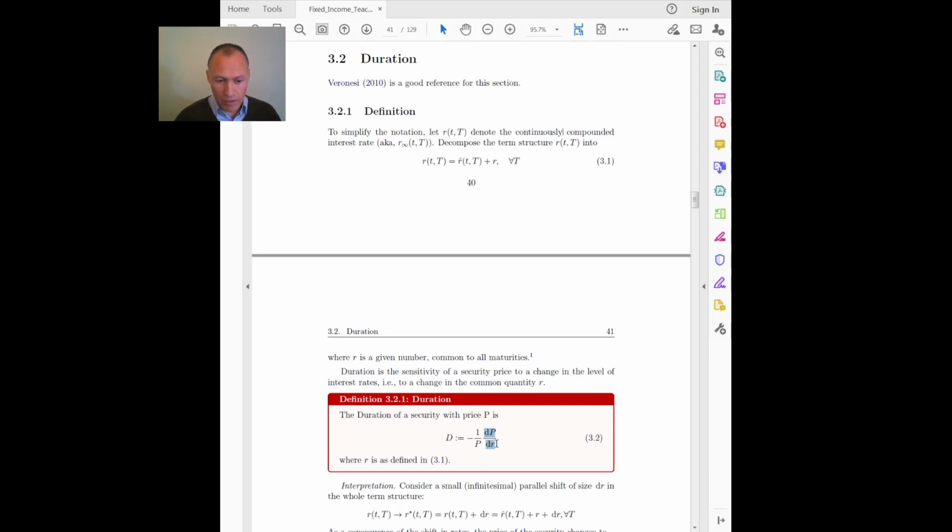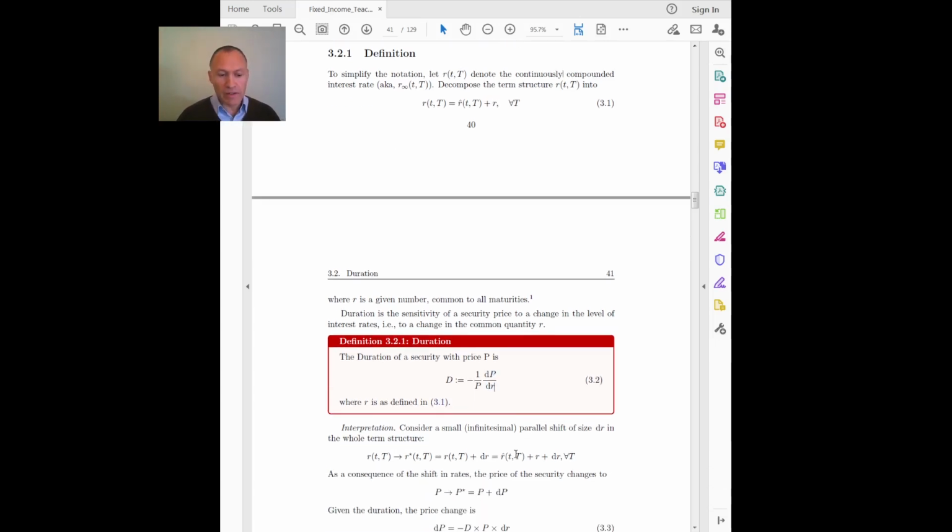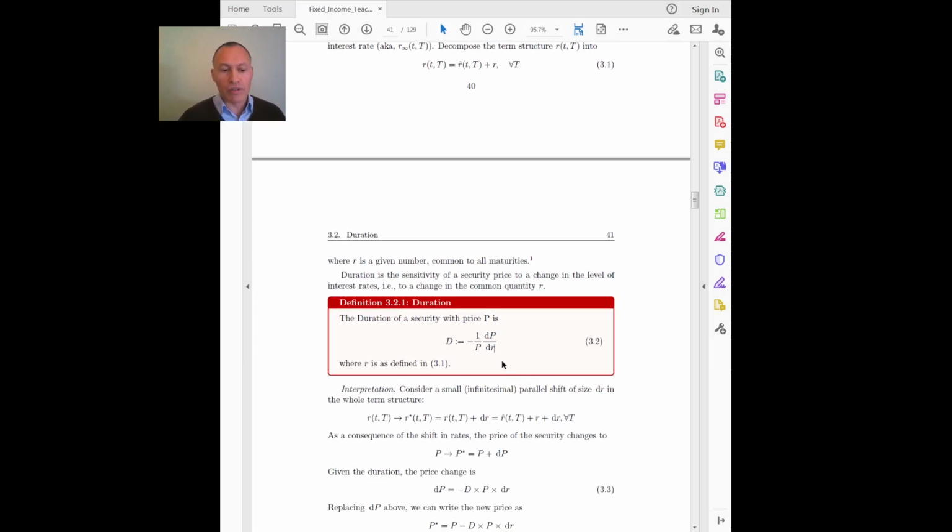What we mean exactly here by interest rates is that constant level in the curve. So if that part changes, the whole curve changes in a parallel way, by a constant amount.